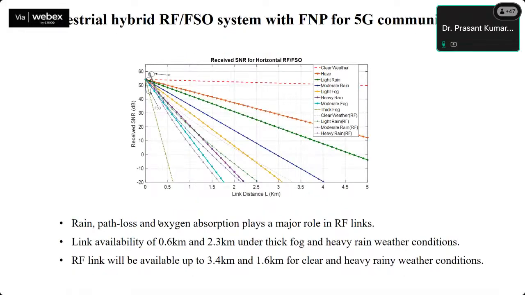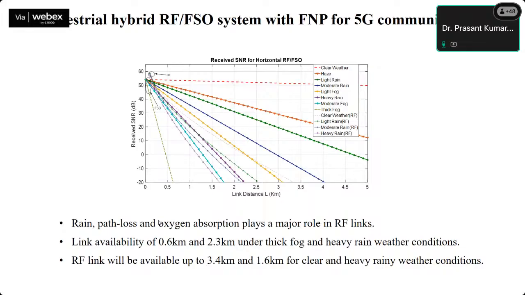And here the same link we simulated again for the horizontal scenario. In the horizontal scenario, we could reach up to 5 kilometers using this platform. The rain, path loss, and oxygen absorption play a major role for the RF links. The link availability is 0.6 kilometer and 2.3 kilometers under thick fog and heavy rain conditions.